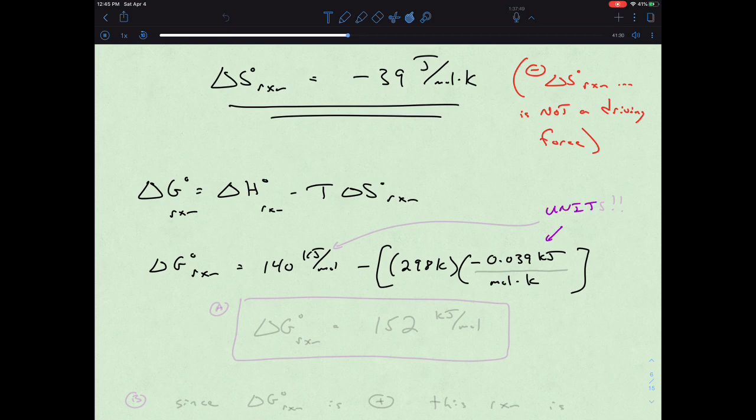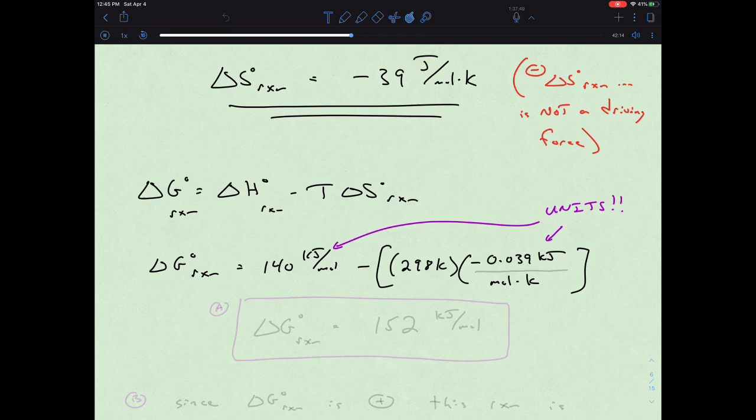So an important thing to note there are the units, namely the kilojoule and the kilojoule. We want to make sure that when we're combining delta S and delta H, we're in terms of the same unit. Remember, delta H is usually kilojoules, while delta S is joules. So it doesn't matter which one you change, just so long as you change one of them so that we're in the same unit, whether that be kilojoules or joules.